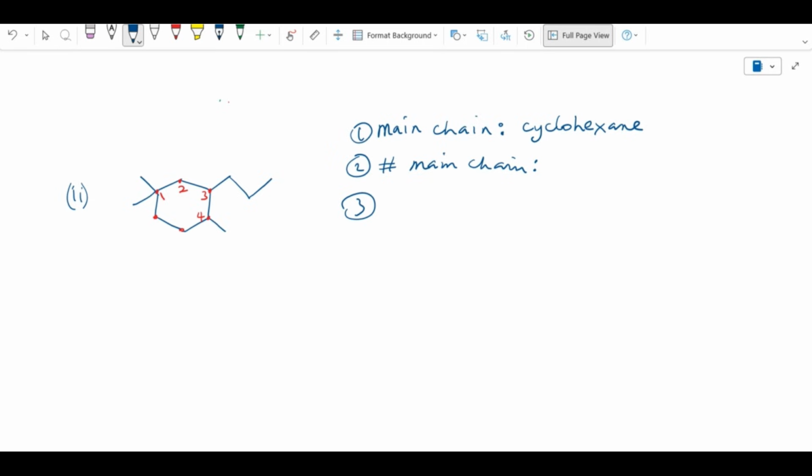So we have methyl, methyl, another methyl. So we have a methyl group on carbon 1, another methyl on carbon 1. So we have one methyl. We have another one methyl. We have another methyl group on carbon 4. So that will be 4-methyl.